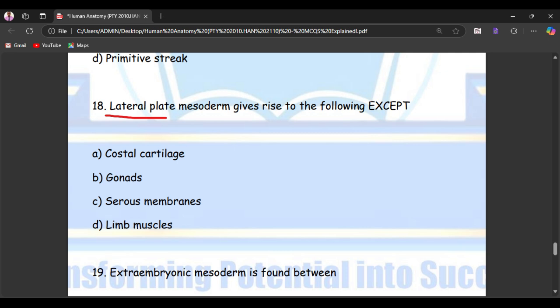So these have to do with derivatives of the germ layers. Just to mention one or two things, we have the endoderm, you have ectoderm.